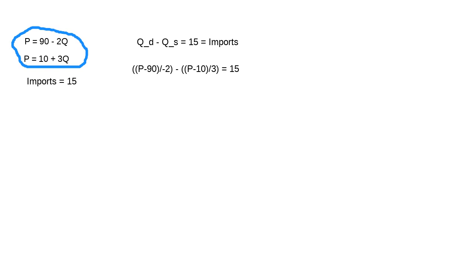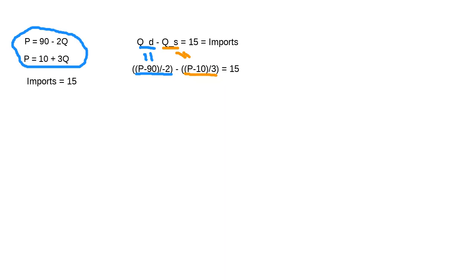So this equation here is equal to quantity demanded, and this expression here is equal to quantity supplied. So the equation would be quantity demanded as a function of price, and quantity supplied as a function of price.